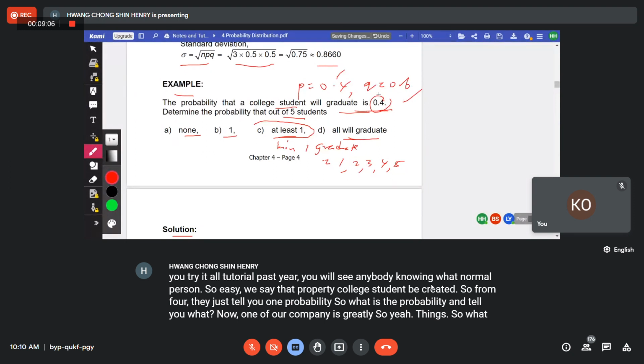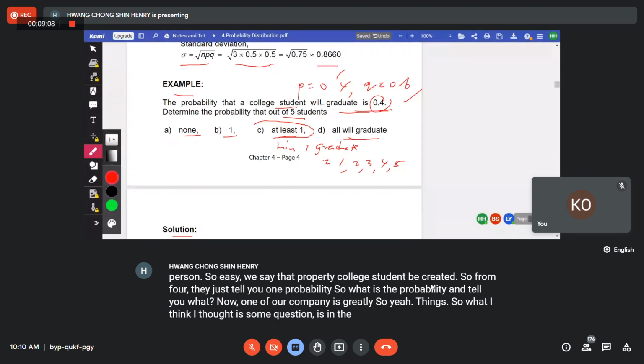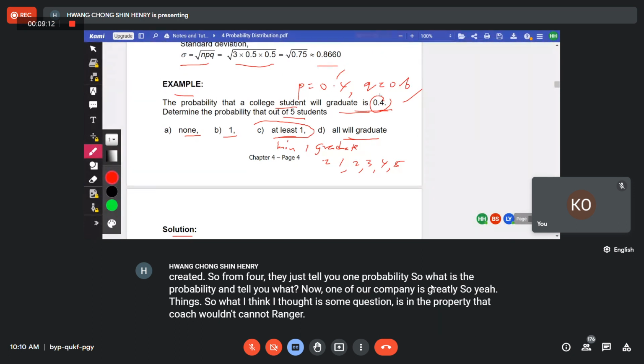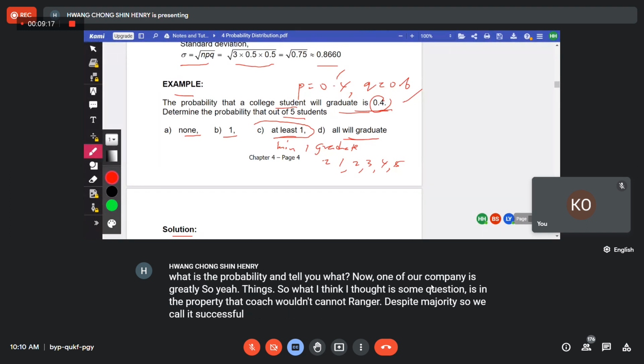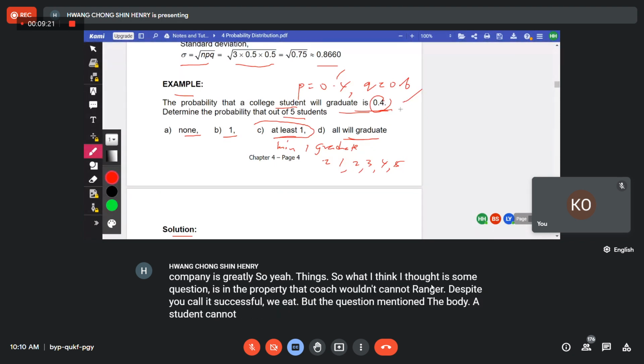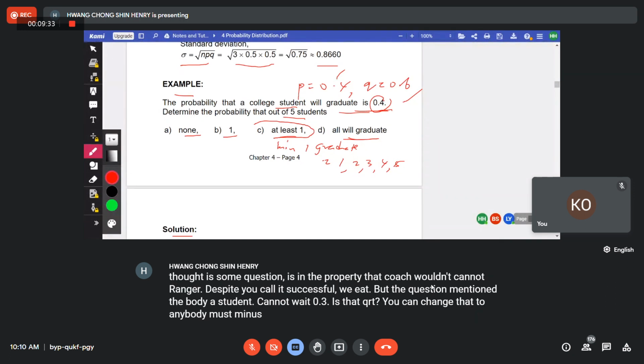So what I mean just now is some questions say the probability that a college student cannot graduate. This one is can graduate, right? 0.4. So we call it the success probability. But if the question mentions the probability a student cannot graduate is 0.3, what is that? Q or P? You can change that to P, but you must subtract from 1 now.